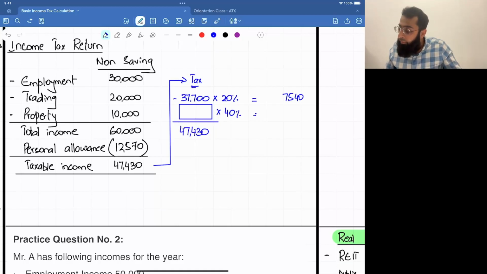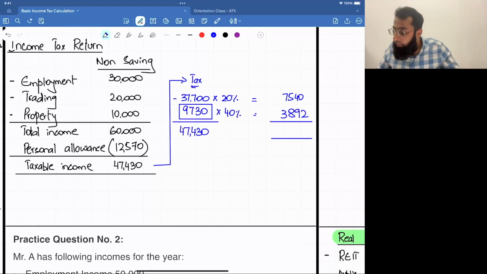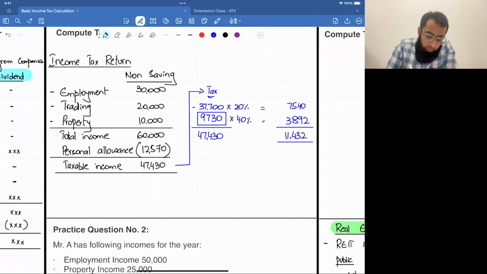So 47430 minus 37,700. It's 9730. 40%. So it is 3892. See the magic? The question is done. 11432. Is it difficult?